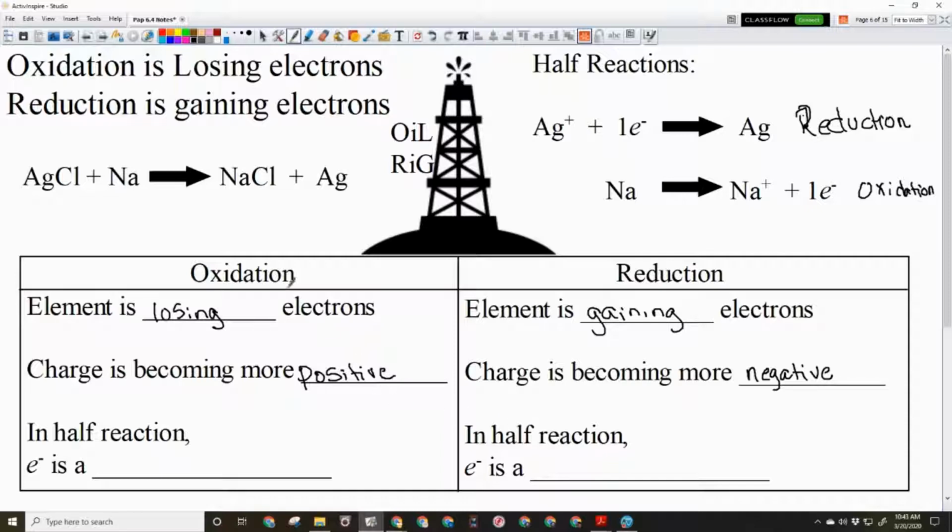All right. So for oxidation, in the half reaction, we're looking for whether the electron is a product or reactant. So let's look at oxidation. Right here is oxidation. Where's the electron? The electron is a product. Okay, and in reduction, the electron is a reactant.